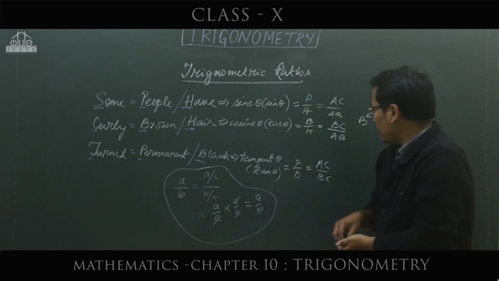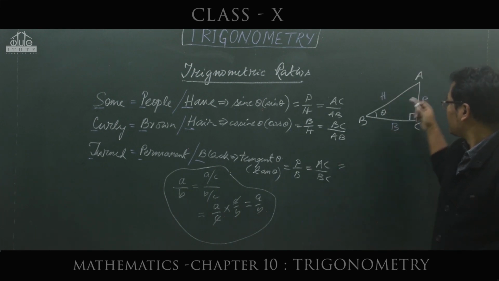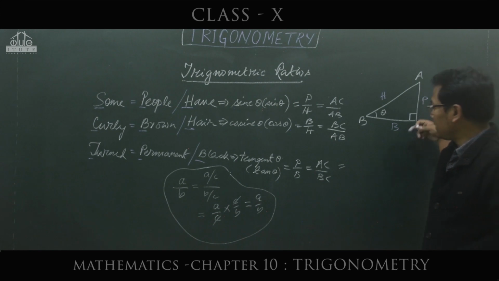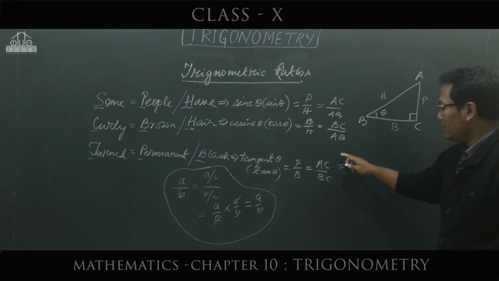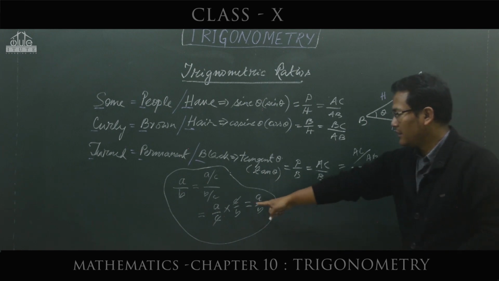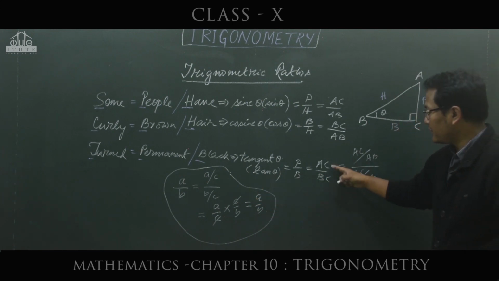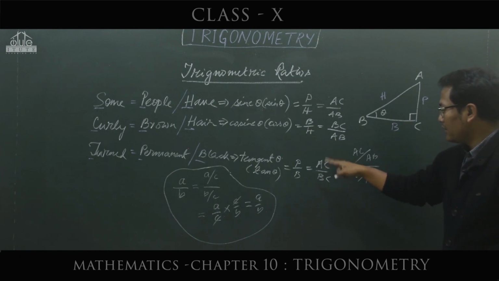Using this idea, if you look at the figure, AC is the perpendicular and BC is the base. So if I divide both the numerator and denominator by the hypotenuse, I divide AC by hypotenuse AB, and BC is divided by again AB. As I said, if the numerator and denominator are divided by the same quantity, the overall value remains the same.